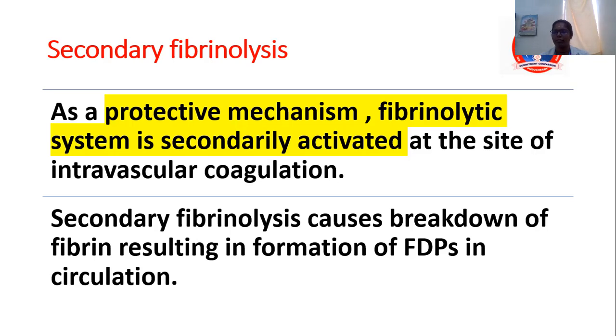First phase is the activation of the coagulation pathway, second is the thrombotic phase, and third is the consumption phase, followed by secondary fibrinolysis. All the clots which are formed break down and lead to the formation of fibrin degradation products in the circulation.